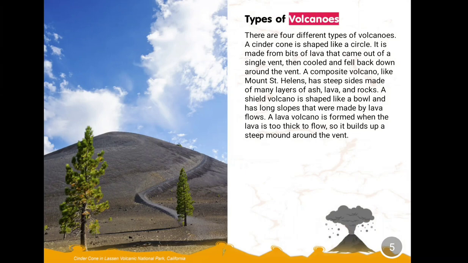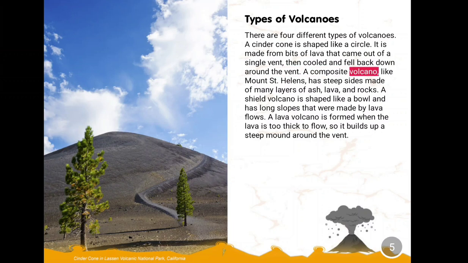Types of volcanoes. There are 4 different types of volcanoes. A cinder cone is shaped like a circle. It is made from bits of lava that came out of a single vent, then cooled and fell back down around the vent.